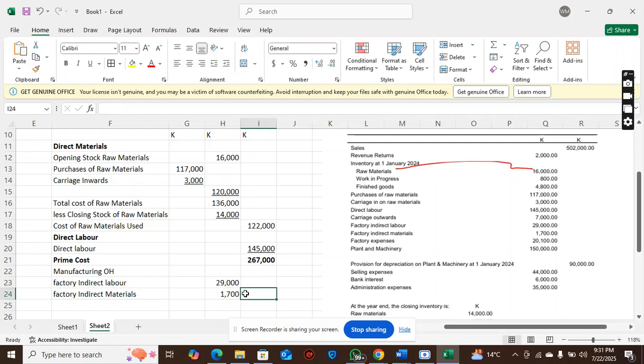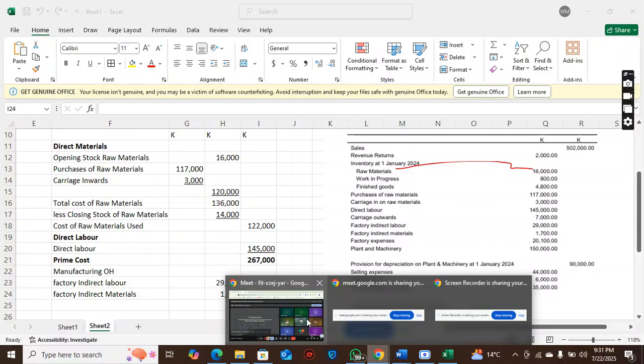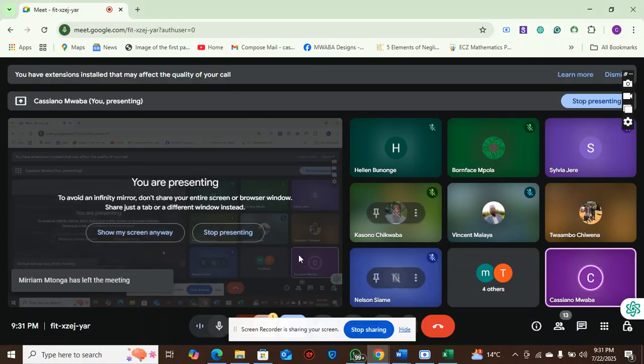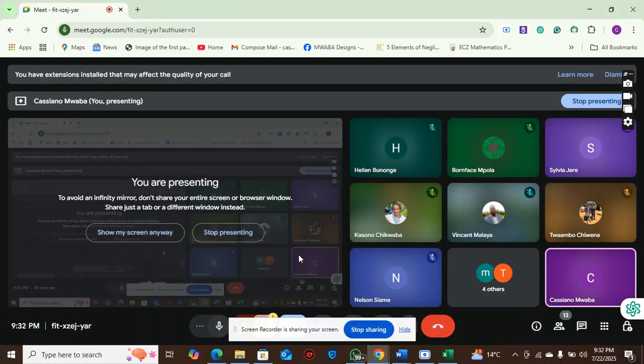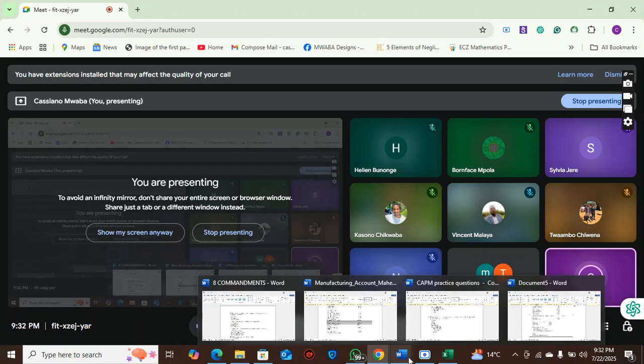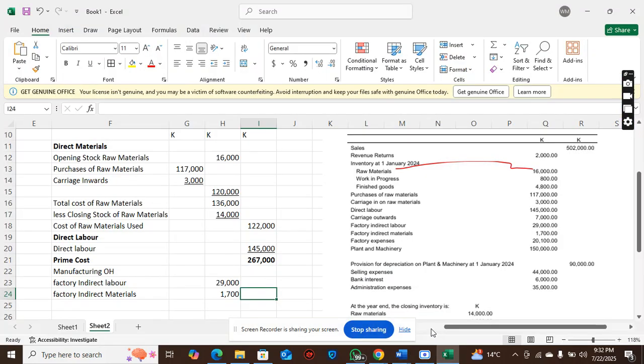Colleagues, remember, plant and machinery is not in the office, it's in the factory. So we have to account for the depreciation for plant and machinery. Because if you leave it, then you're assuming that they are producing these goods in the offices, not in the factory.